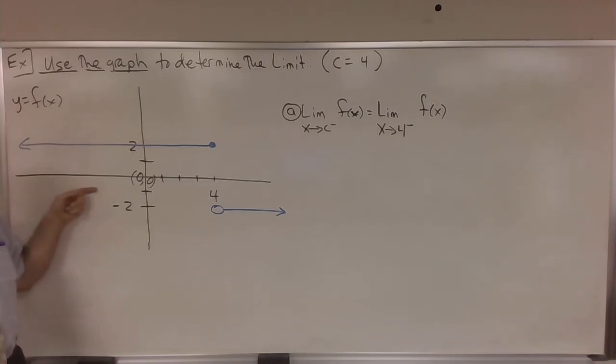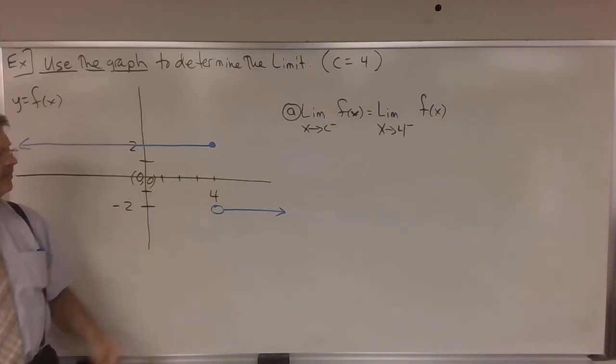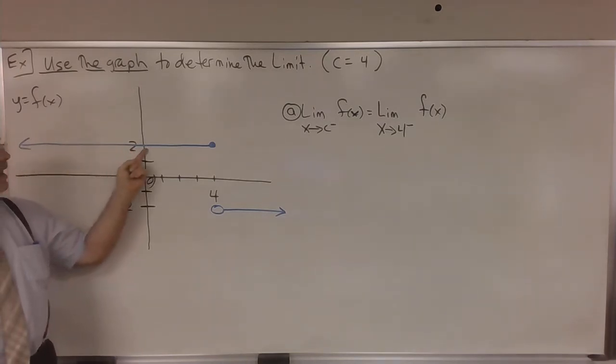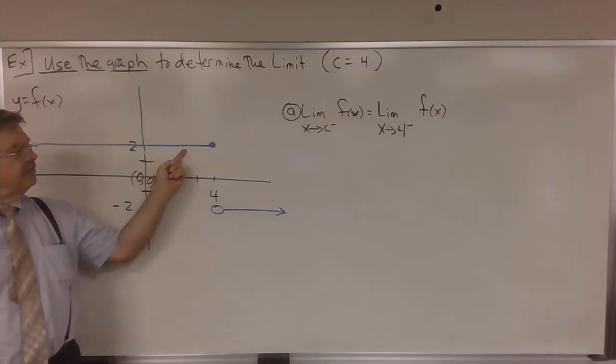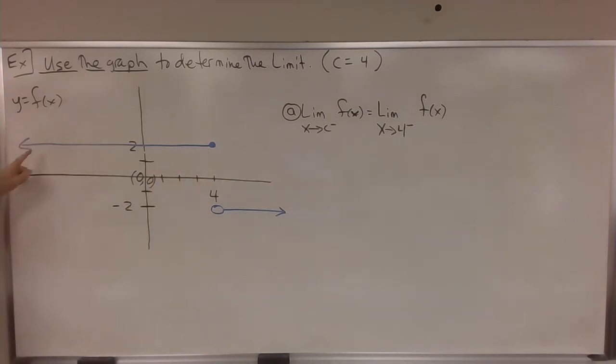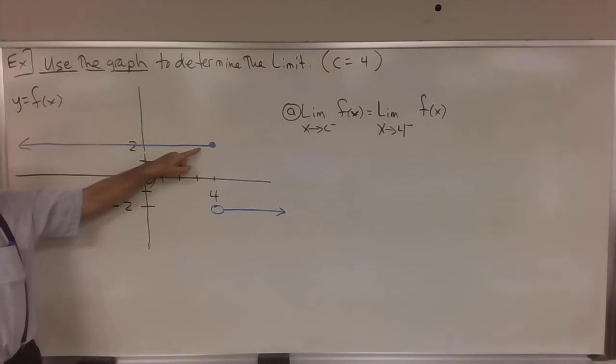Now, if I pick a point on the graph and move along the graph in this direction, I'm moving in such a way that x approaches 4 from the left. And as I do, what value does f of x, the y value, get close to?